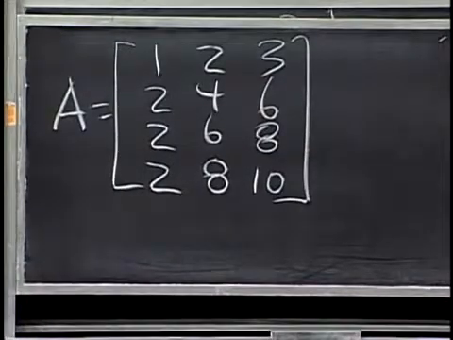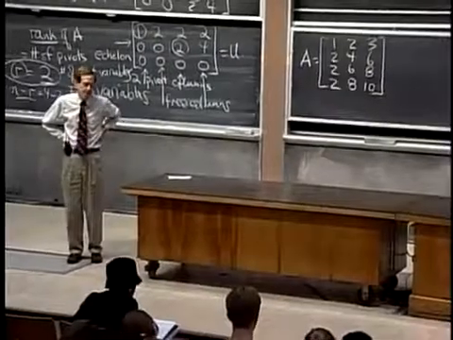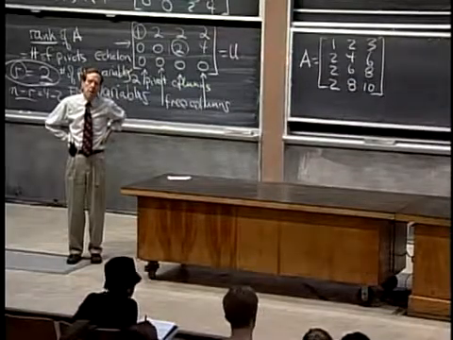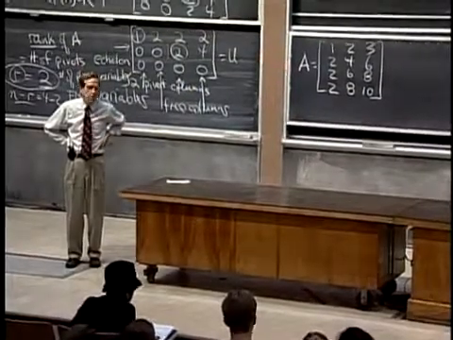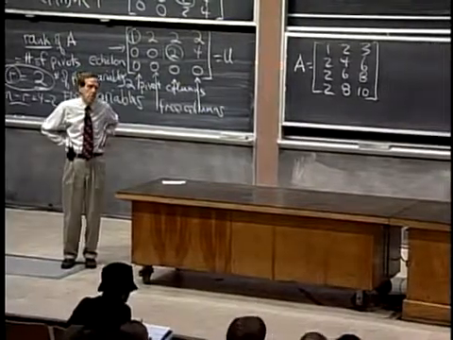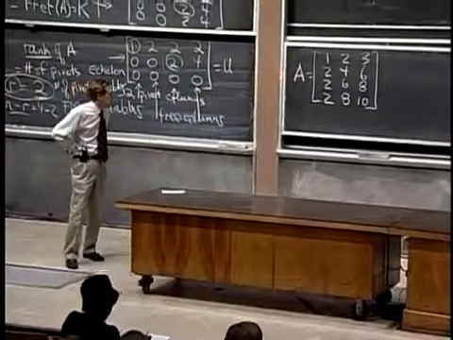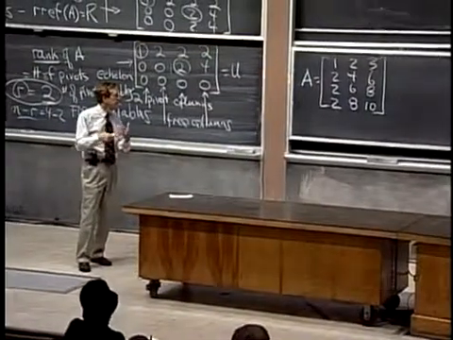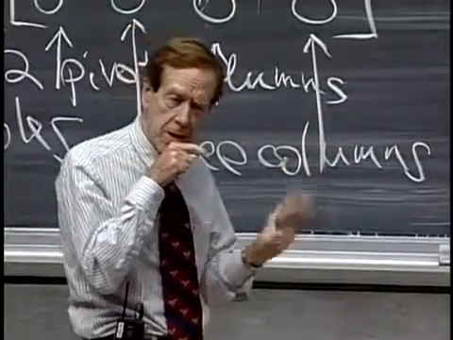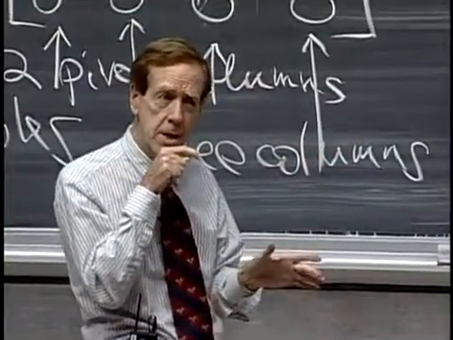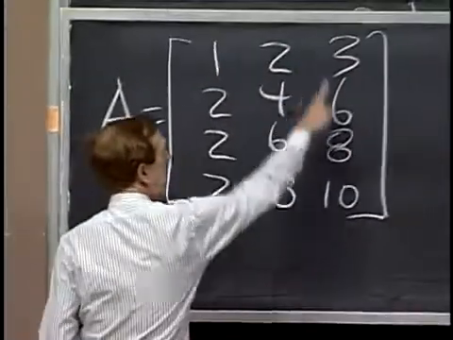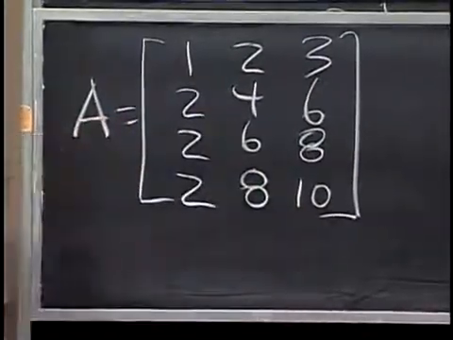Before we do the calculations, tell me what's coming. How many pivot variables do you expect here? How many columns are going to have pivots? We have 3 columns in that matrix, but are we going to have 3 pivots? No, because this third column is the sum of the first 2 columns.